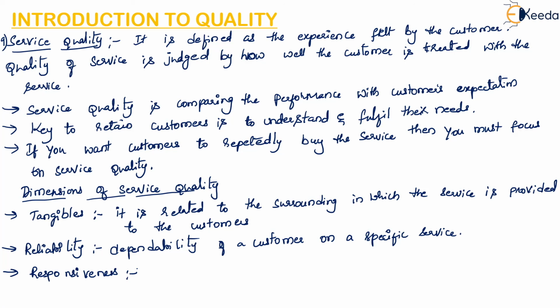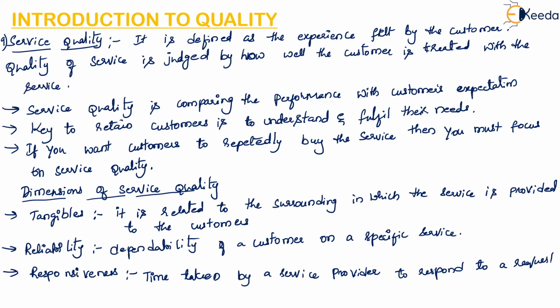Responsiveness is referred to as the time taken by the service provider to respond to a request. So for example, we can take responsiveness for a refrigerator. Think that you have bought a refrigerator and you call up the service provider for some issue. So the time they are taking to provide the service is called the responsiveness.